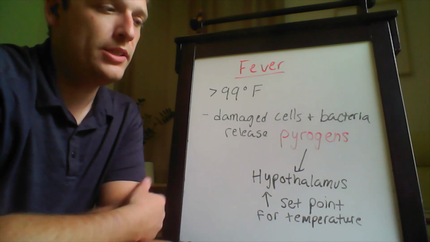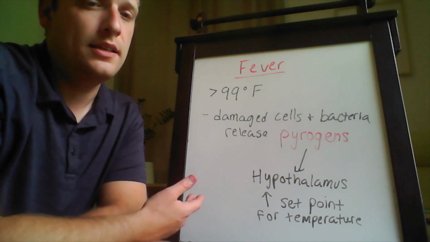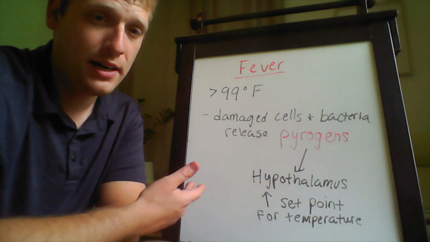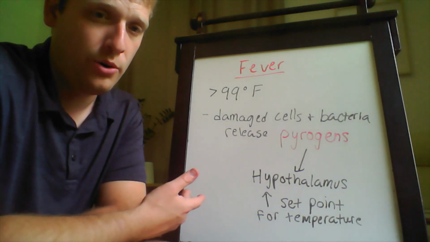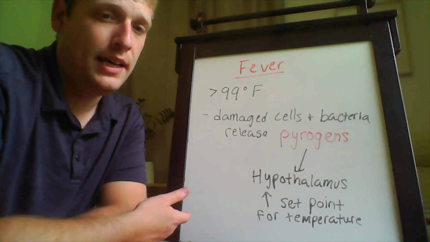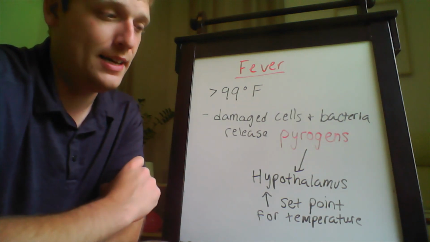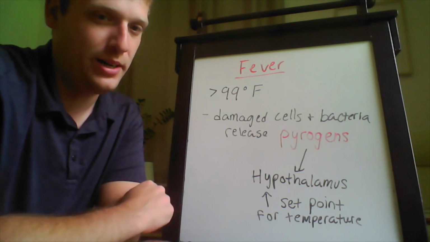So what this is going to do is it's going to cause the hypothalamus to recognize what would be a normal body temperature as being too low, and activating negative feedback in order to increase the temperature back to this new set point.